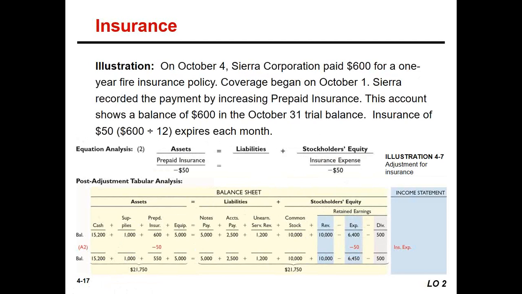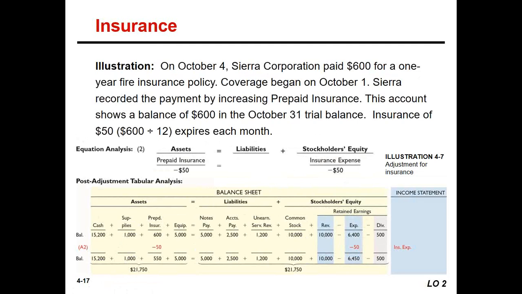Next example is insurance. Do you remember when we paid the $600 for a 1-year fire insurance policy? It started on October 1st and runs through September 30th of next year. Well, at the end of October, all $600 of that insurance policy is no longer prepaid.